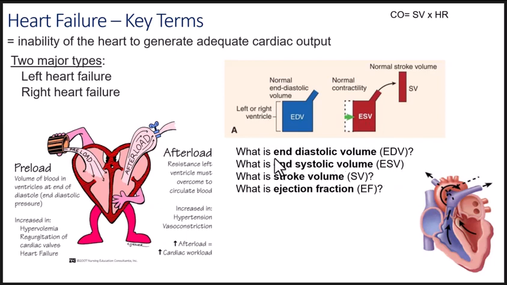Now you might wonder why there would be anything left. Well, we don't pump out all of the blood within the heart, as I'll describe when I talk about ejection fraction next. What is ejection fraction? So this is the proportion of blood, so it's expressed as a fraction or as a percentage, that is pumped out with each contraction.